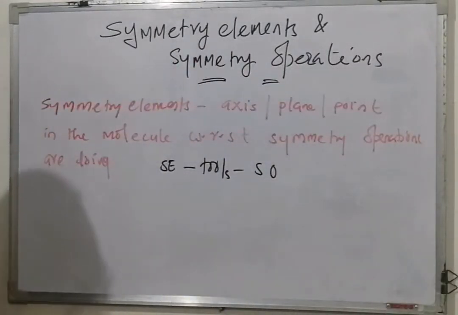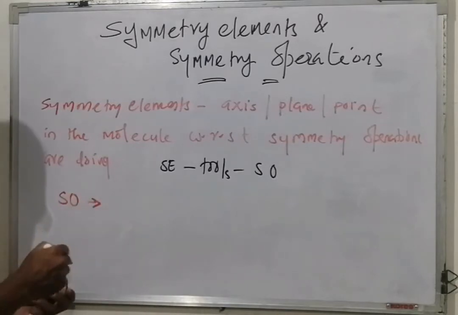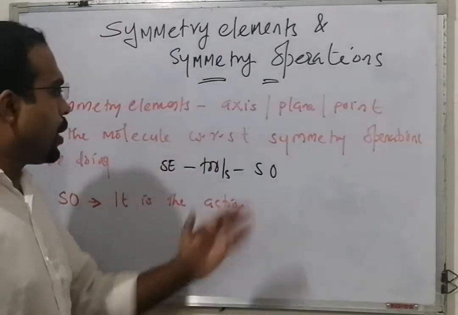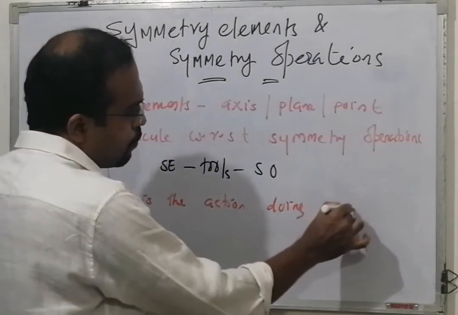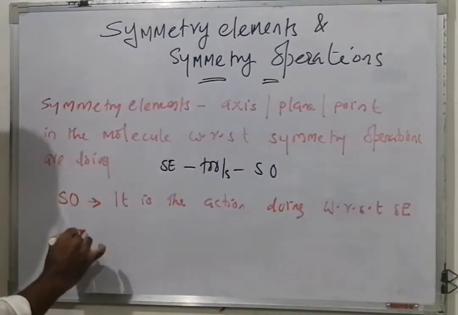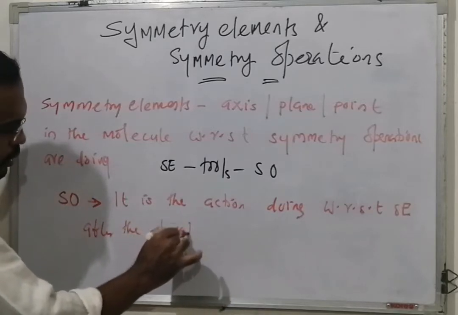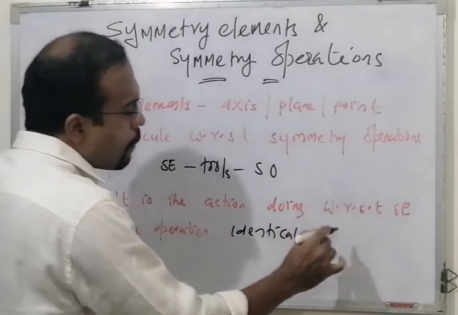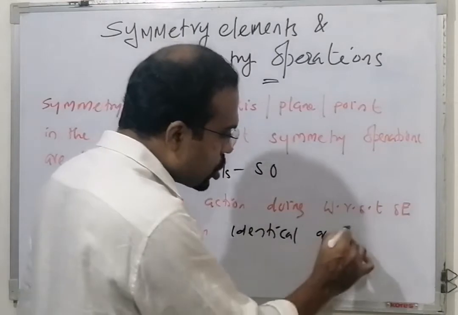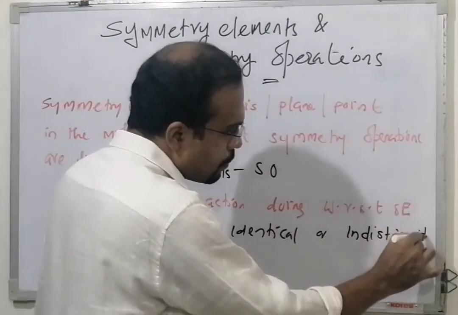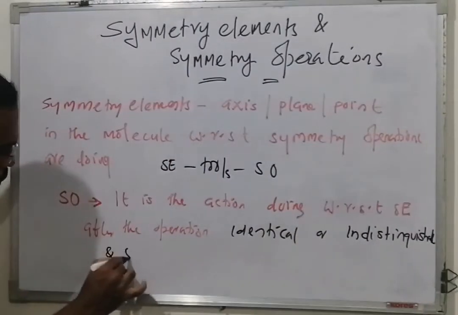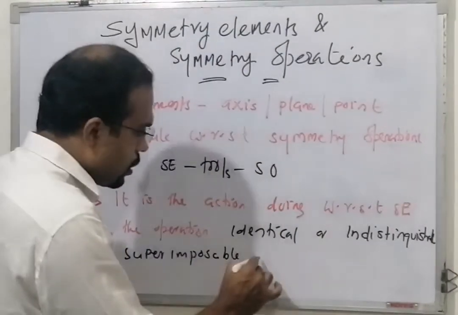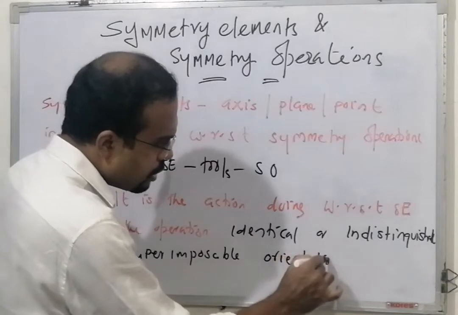Fine. Now, what is a symmetry operation? The word itself, symmetry operation, is the operation or action done with respect to symmetry elements, after which identical or indistinguishable and superimposable orientations are obtained.